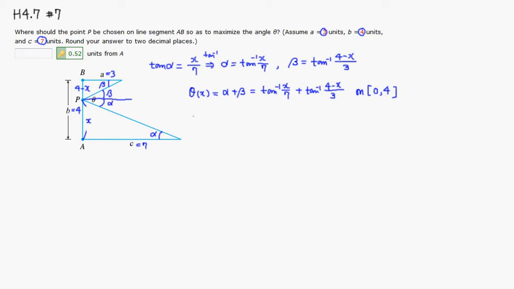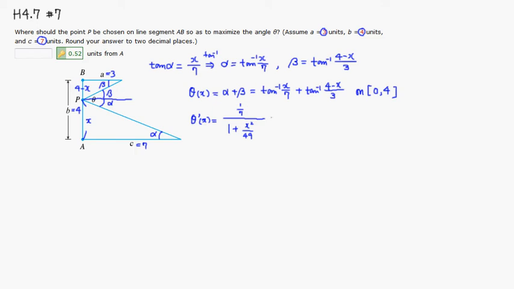Let's take the derivative. Theta prime of x is going to be, derivative of arctangent is 1 over 1 plus, but x over 7 is in there, so it has 1 plus x squared over 7 squared, which would be 49. Then derivative of x over 7 is 1 over 7, so you have 1 over 7 here.